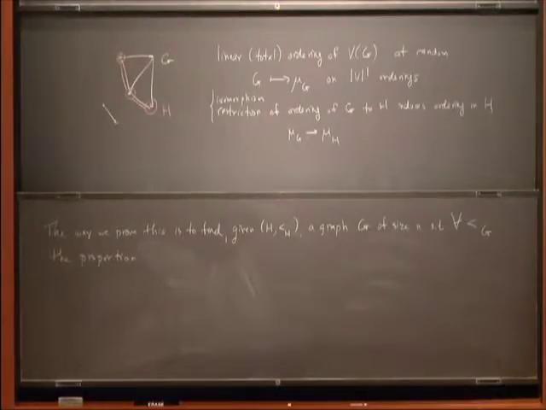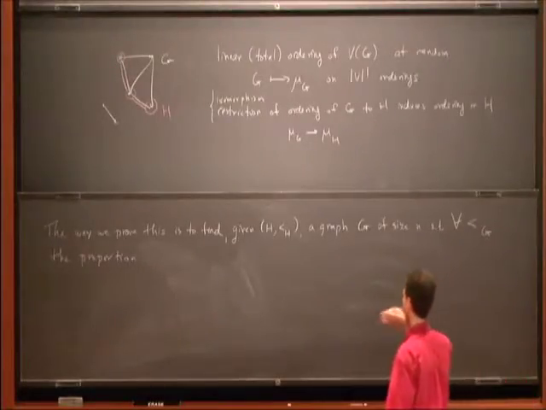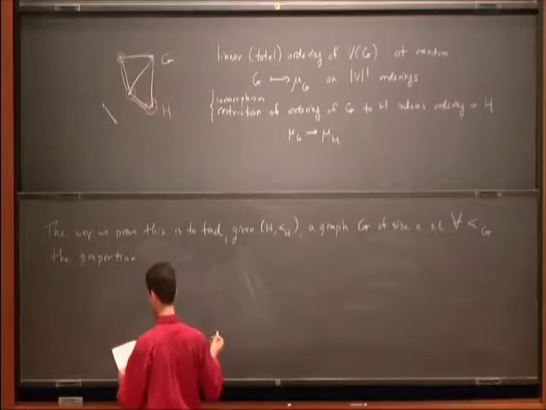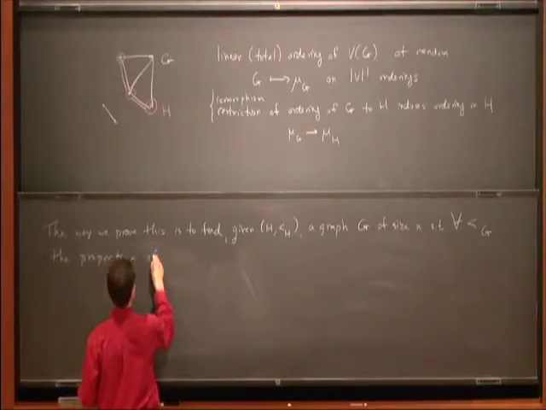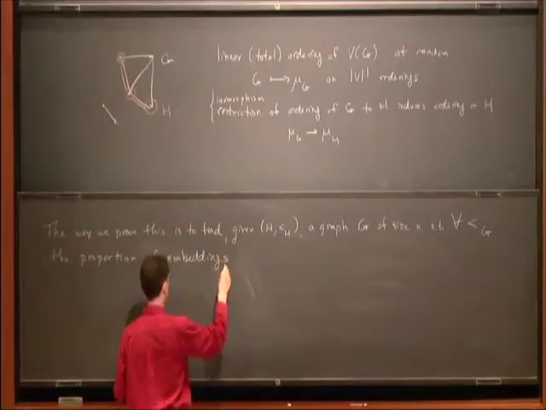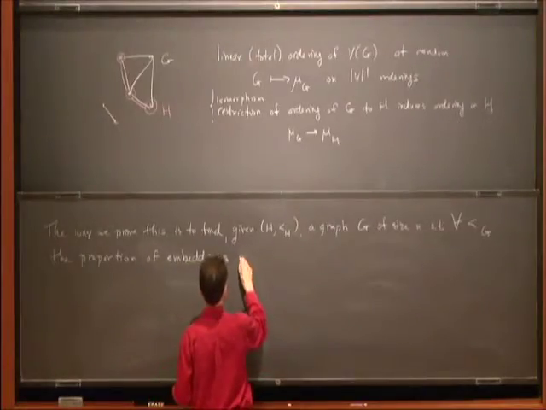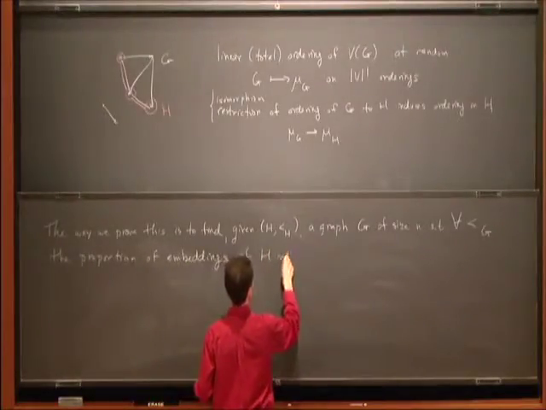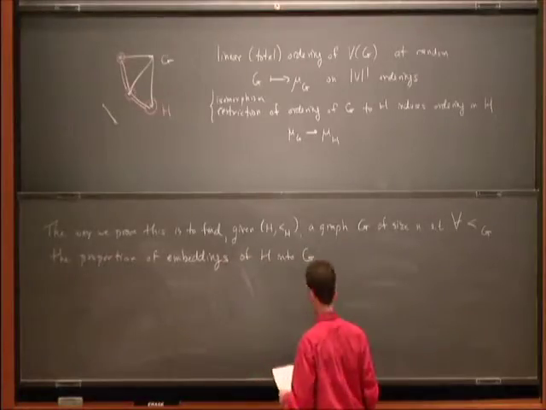So by embedding, I'll always mean as an induced subgraph, an isomorphism to an induced subgraph. So by the two properties together, we can conclude something about embeddings. So we consider all embeddings of H into G.